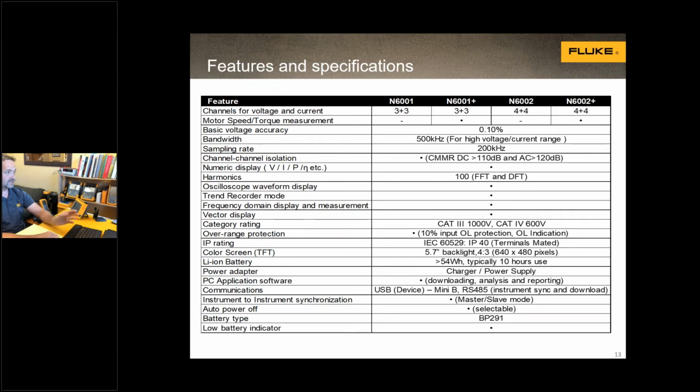We kind of went over the sampling rate, the bandwidth capacity, the category ratings, CAT IV 600 volt rated. The IP rating on this is actually IP50. So basically it's designed to work in dusty environments.